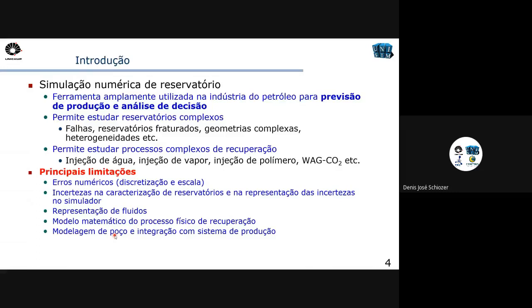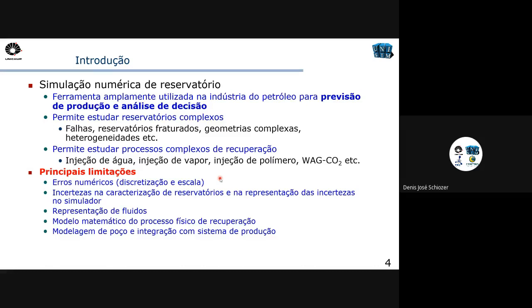So this is a main limitation. We have numerical errors in our models. We have discretization problems and scale problems, but they are not full barriers for using the simulation models in our real day-to-day life.